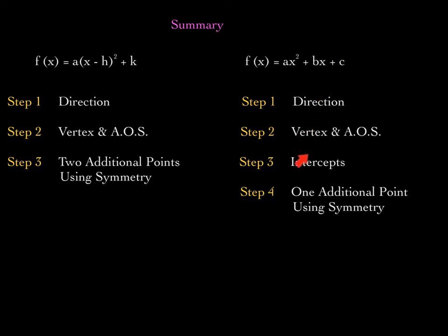And the x-intercepts, you can find them by taking your function, setting it all equal to 0, and solving. You can use a quadratic formula or factoring or completing the square in order to solve for x. And then find 1 additional point using symmetry. Most of the time, that point that you're finding using symmetry will be the mirrored image of the y-intercept.